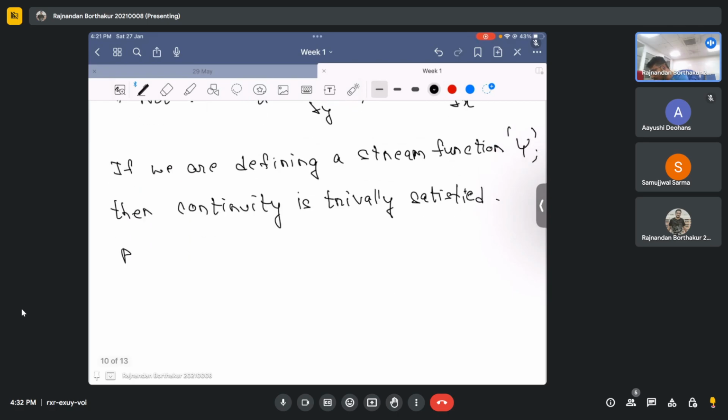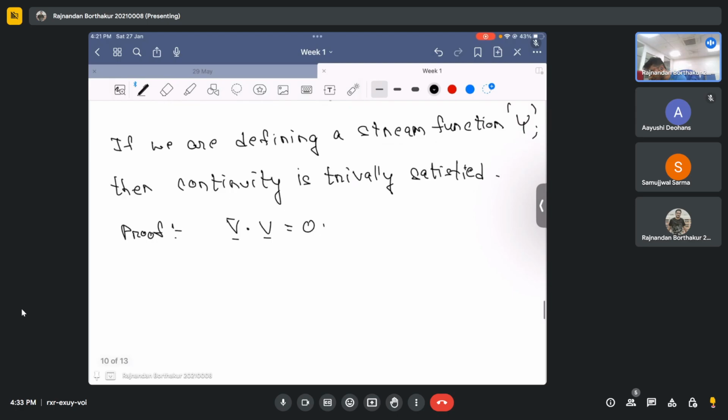So what is the continuity equation for incompressible flows? Irrespective of the coordinate system, the continuity equation for incompressible flow is just divergence of the velocity field equals 0.